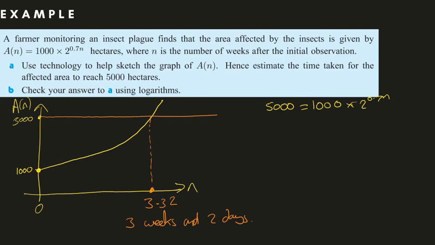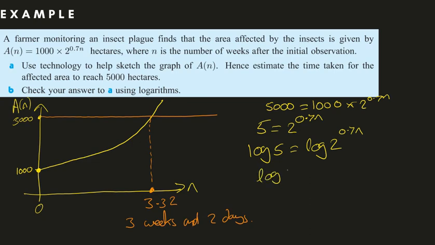We'll divide by 1,000. 5 is equal to 2 to the 0.7 n. And from here, we'll just take logarithms of both sides. Again, it doesn't matter what our base is. So we'll just leave it like this. We can then bring the 0.7 n down.